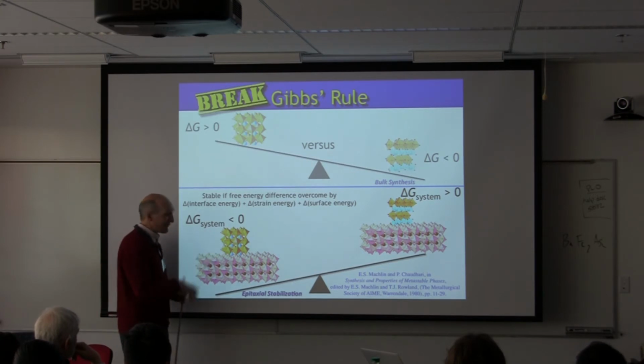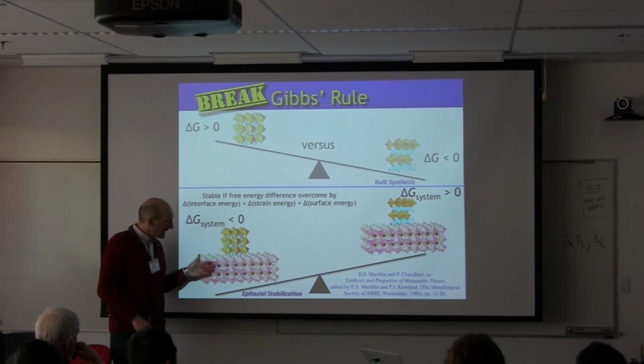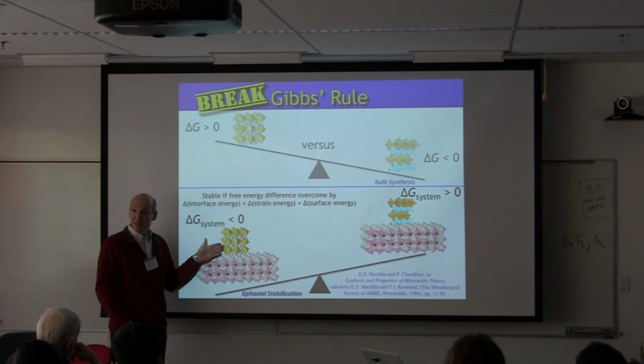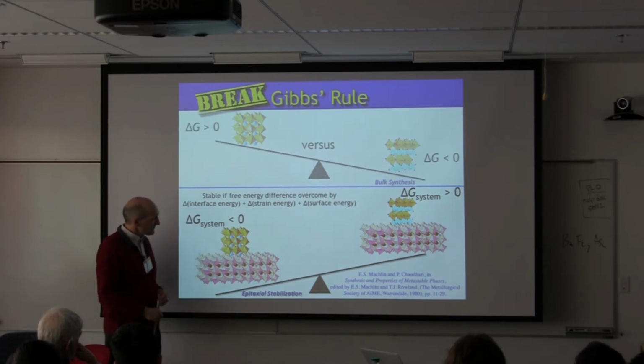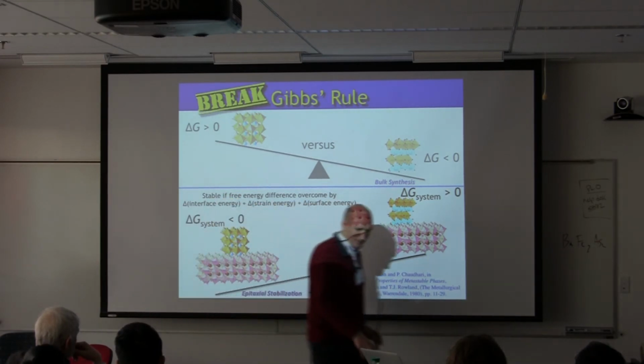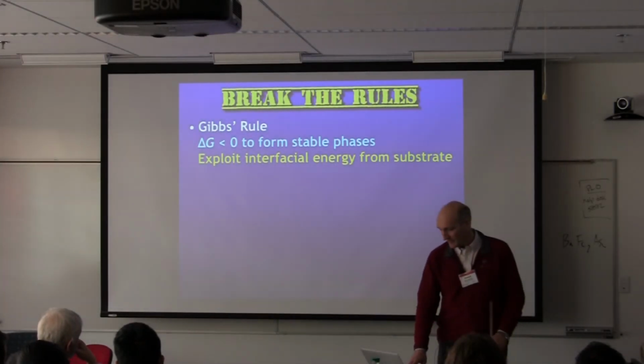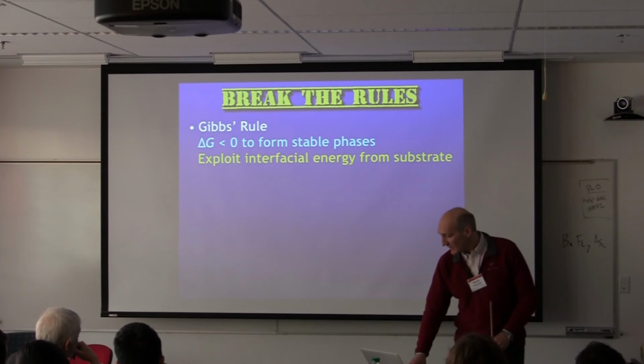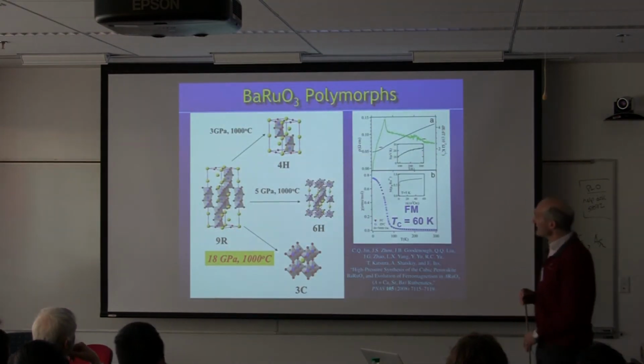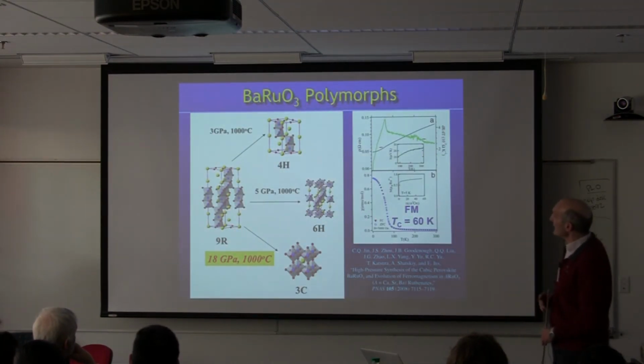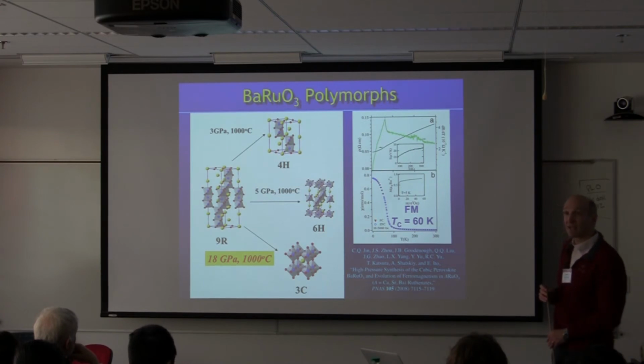But you need to have a friend or the ability to make a single crystal that has the right structure for what you're trying to pair it with. Everybody got the idea of this trick? I'll give you an example, maybe next. So it's that interfacial energy. In terms of examples, I'm going to show another ruthenate here, another quantum material, barium ruthenate.